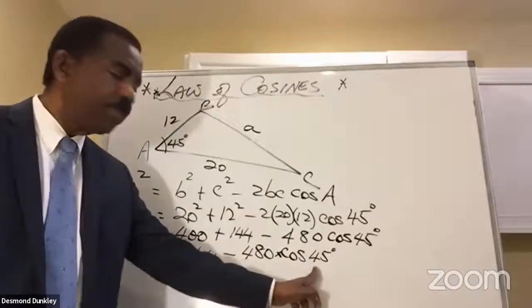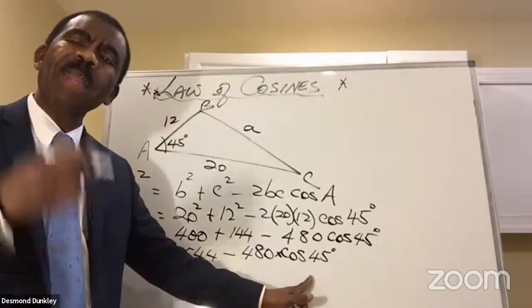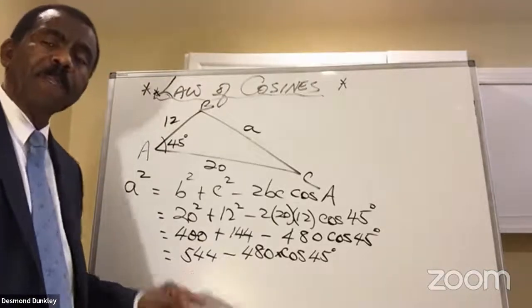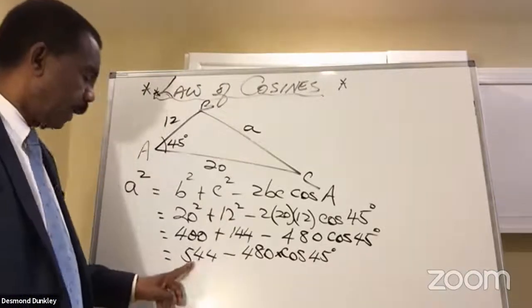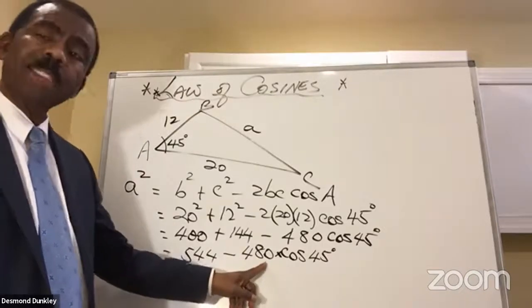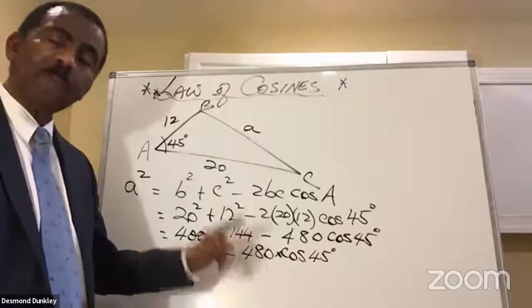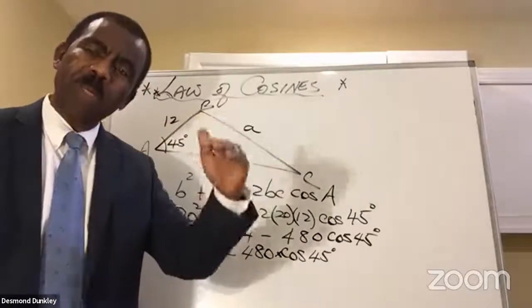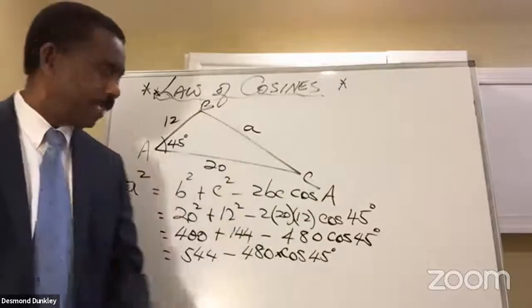So you have to do the multiplication first, and then subtract what you get from 544. The common mistake is to say 544 take away 480, which gives 64, and that would be incorrect. They would write 64 cosine 45 and end up with the wrong answer. You don't want to do that.